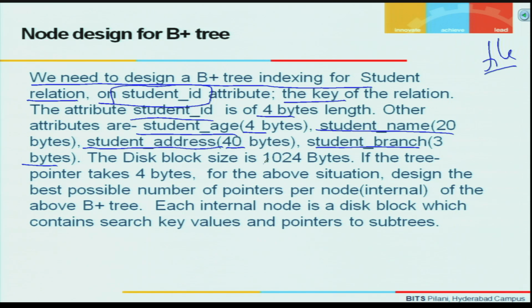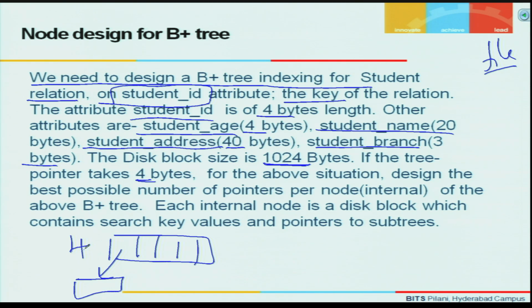The disk block size is equal to 1024, and the tree pointer takes 4 bytes. If you look at a tree node here, this pointer, which is pointing to the next level node, requires 4 bytes. For the above situation, design the best possible number of pointers per node. That is, I am going to design the structure for the internal node of the B plus tree.